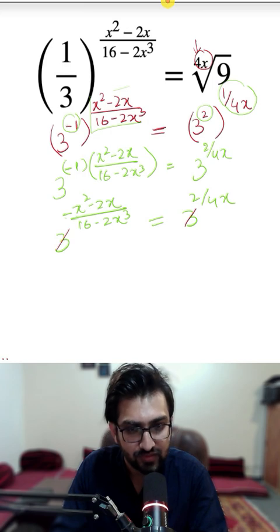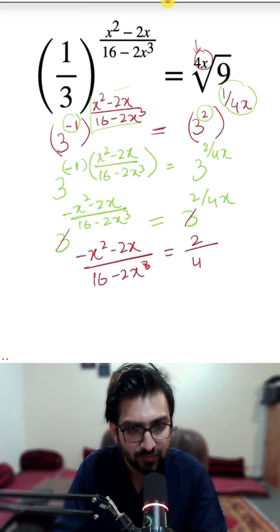So now the powers will become equal to one another. So minus x square minus 2x, which is equal to 2 divided by 4. By the way, this 2 will cancel out with that 4, so it will become 1 divided by 2x.